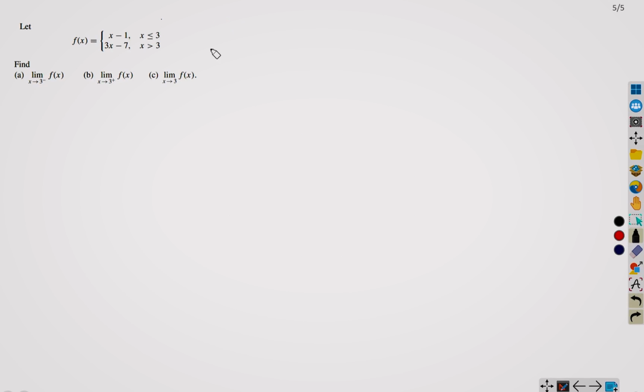Coming to this problem, we have to determine its left hand limit, right hand limit, and its total limit, the actual value of the limit. Let me tell you one thing, about the existence of a limit, which I discussed just before.